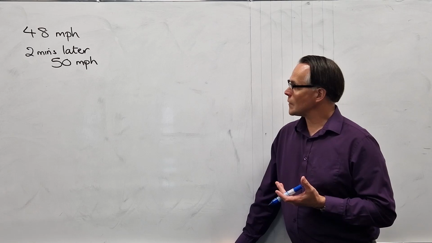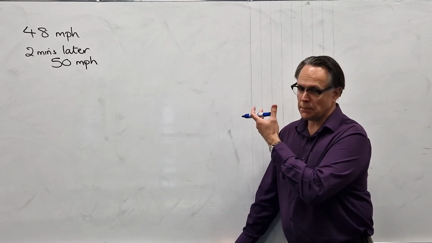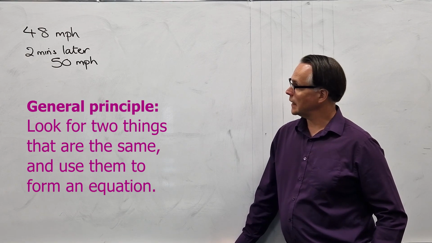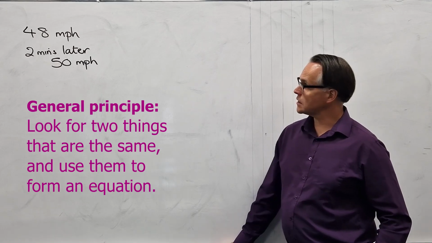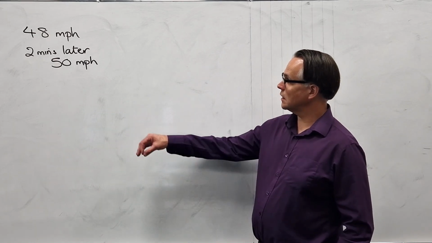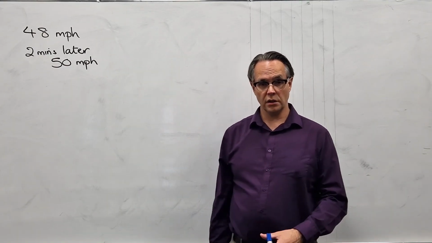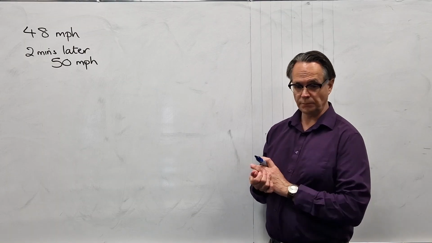And you need to think about what's the same for the two people. And so what's the same is the distance that they travel. So if you can get an expression for the distance that Fleur travels and the distance that I travel, we can put those two things equal and use that information to solve it.